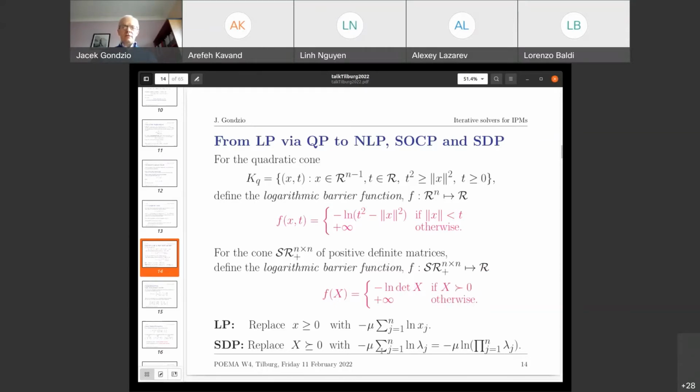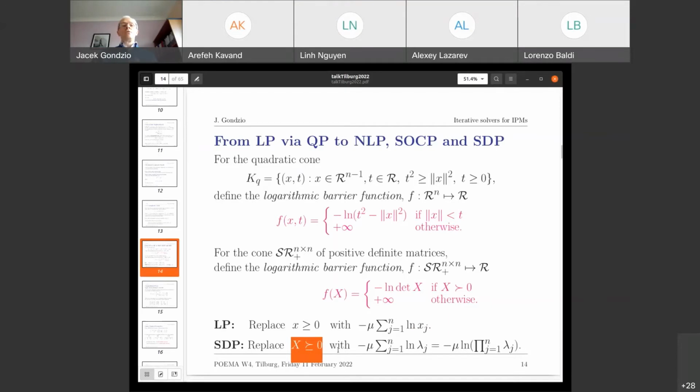Here the connection is very elegantly explained by thinking what happens in LP. In LP, we had this simple inequality, x greater than or equal to 0, and we replaced it with the logarithm of x_j for every j. In semi-definite programming, we ask for the matrix to be positive semi-definite, which is equivalent to saying all eigenvalues of this matrix should be non-negative.